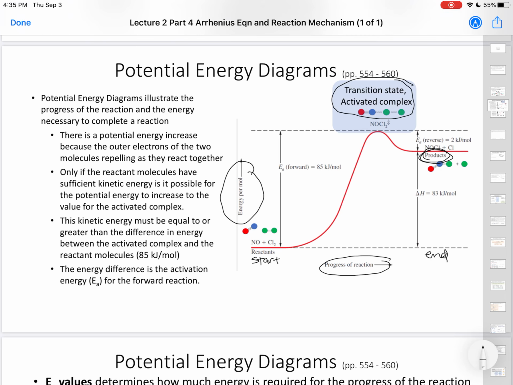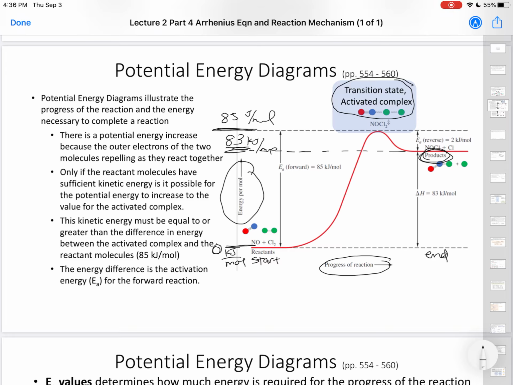If the energy here is 0 kilojoules per mole, your products could be at, let's say, not 100, 83 kilojoules per mole. Your activated complex is going to be much higher in energy, at 85 kilojoules per mole.